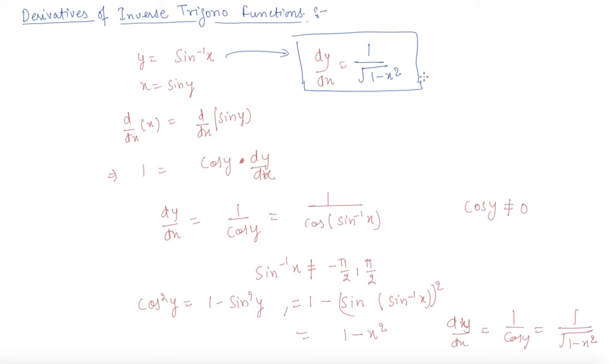I am writing down the derivatives of some other inverse trigonometric functions here. Let's say the function is cos inverse x, so the derivative f dash x is minus 1 over root of 1 minus x square, and the domain of cos inverse x is minus 1 to 1.